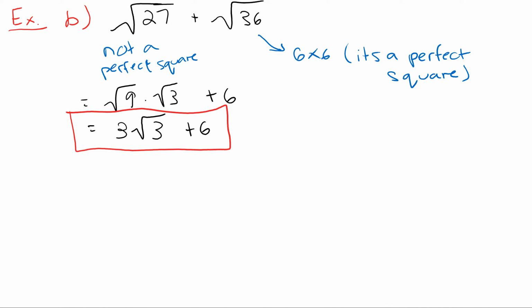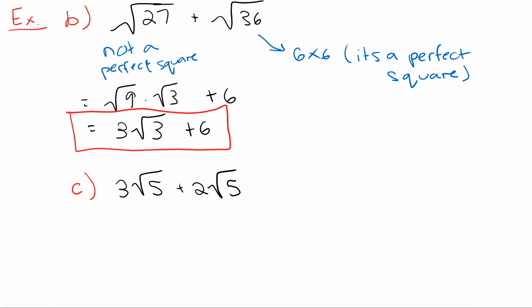And we're done. I think I actually have enough room to put example C on the bottom here, so I'm going to go ahead and do that. Example C is pretty straightforward. We are just going to be adding 3 root 5 to 2 root 5.